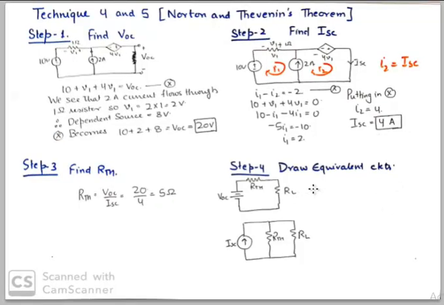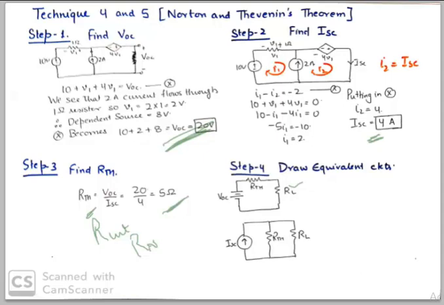Thevenin's equivalent circuit will require me to use VOC and RTH in series with the load resistance, and my Norton's equivalent circuit will require ISC in parallel with RTH, which is also known as R internal or Rn. It's one and the same thing, in parallel to the current source and the load.